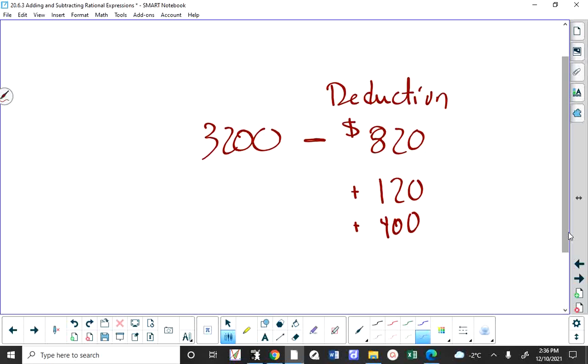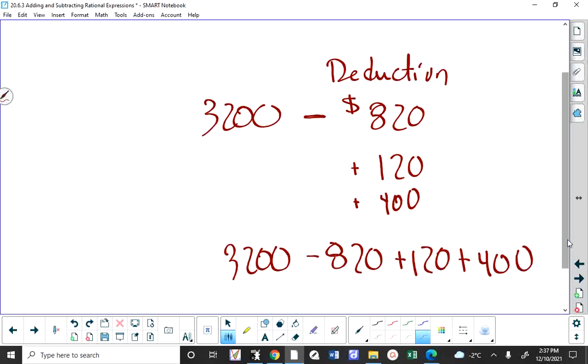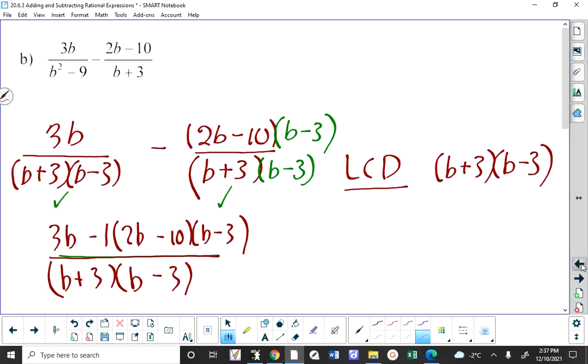How long do you think the person would be employed in the payroll office if they did this? Not very long would be my guess, right? They don't want to subtract 820 and then add 120 and add 400. They want to subtract that. They're subtracting all the deductions, and we have to subtract all of 2b minus 10 times b minus 3. So that set of brackets is important.